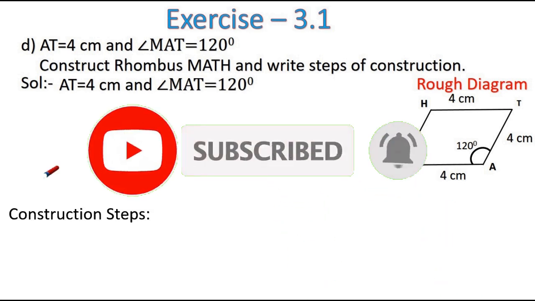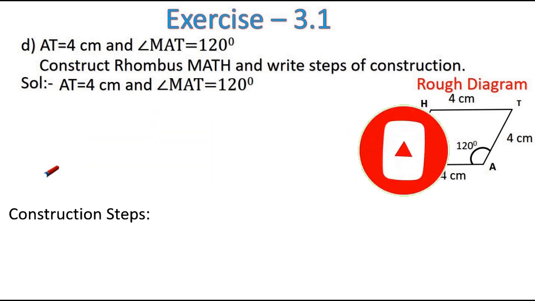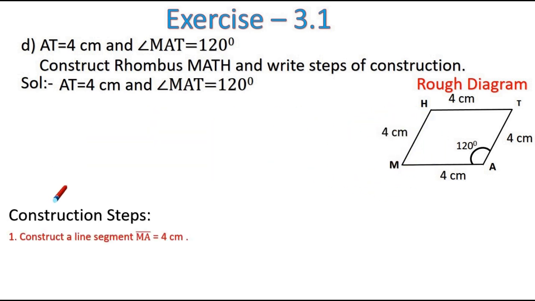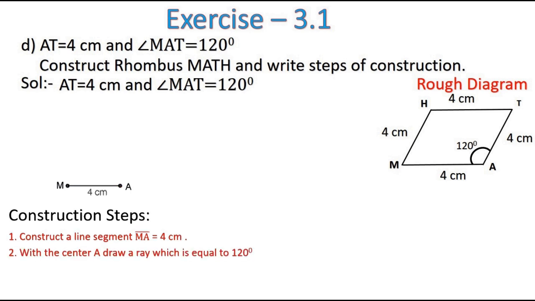Draw a line segment. Construct a line segment MA is equal to 4 centimeters. With the center A, draw a ray at 120 degrees.